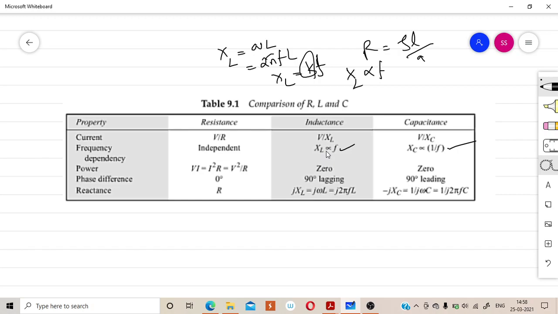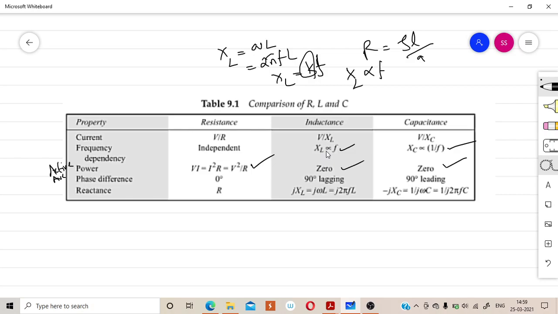Now power: we have V into I, which is equal to I square R or V square by R. These are the formulas. Here the power means the active power, not the apparent power, that is, active or average or real power. In the case of pure inductive and capacitive circuits, it is 0.